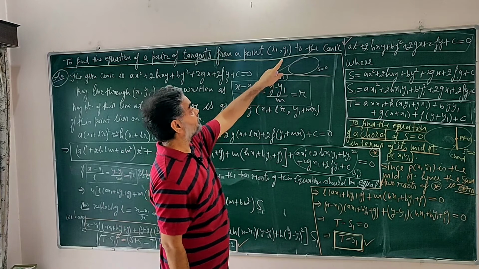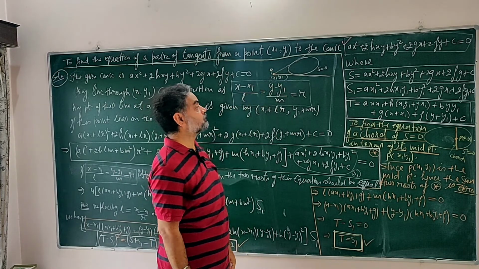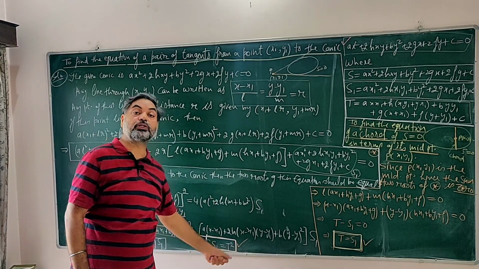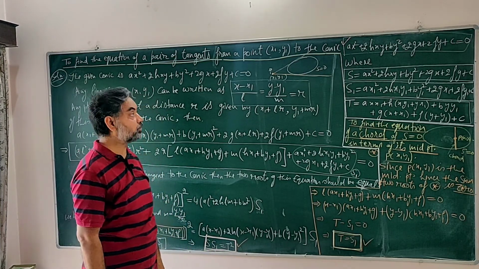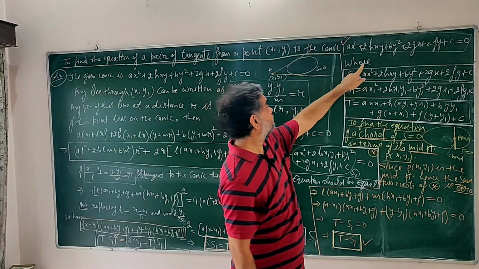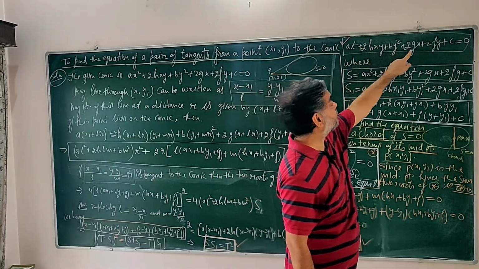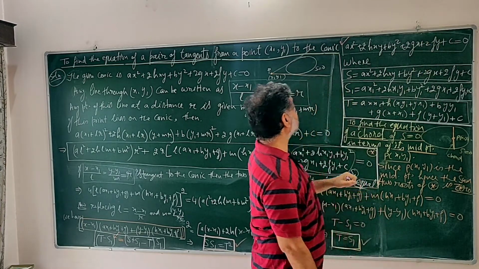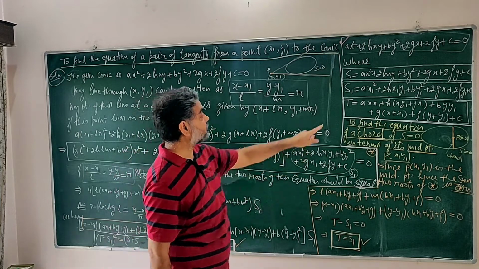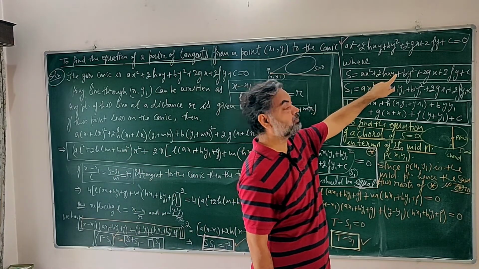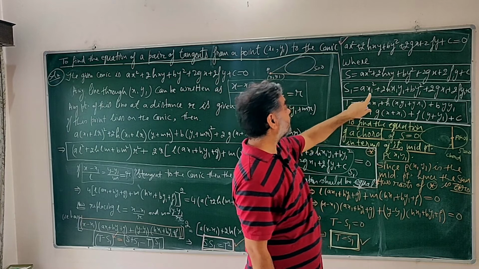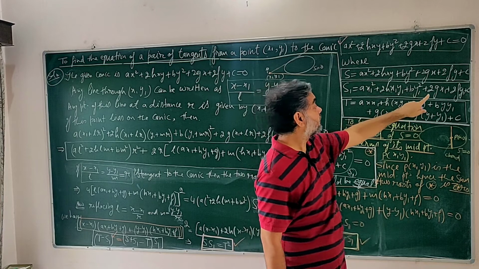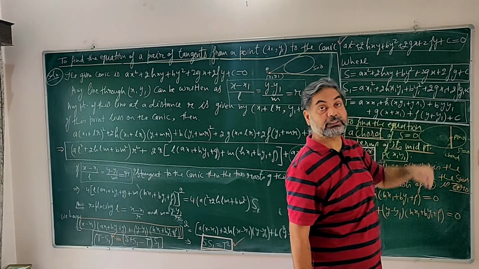We will see that it is given by SS1 is equal to T square, where S is ax square plus 2hxy plus by square plus 2gx plus 2fy plus c, the left part of this equation, and S1 is obtained by putting x equal to x1 and y equal to y1: ax1 square plus 2hx1y1 plus by1 square plus 2gx1 plus 2fy1 plus c.